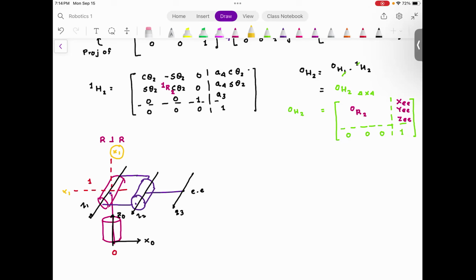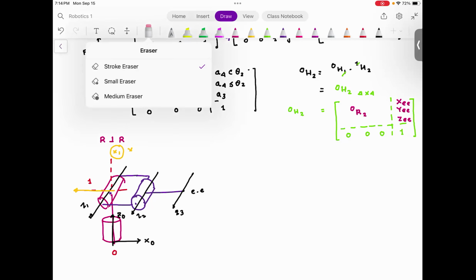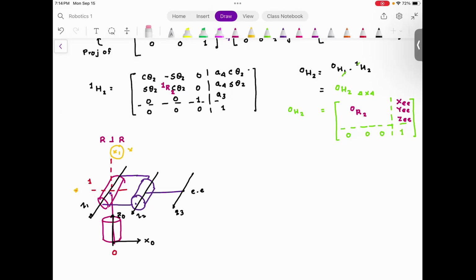So this choice of X1 is not a good choice. I can choose X1 something like this, or I can choose X1 going towards the right. It doesn't matter which choice you have. So this could be your X1.